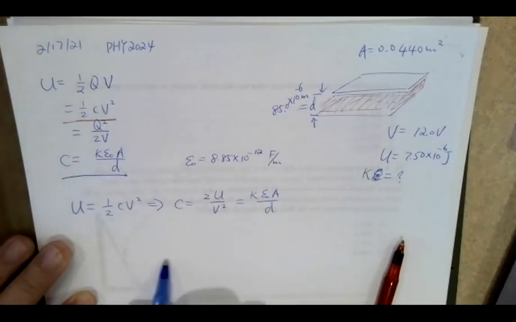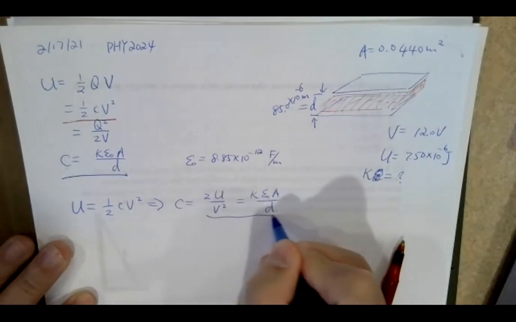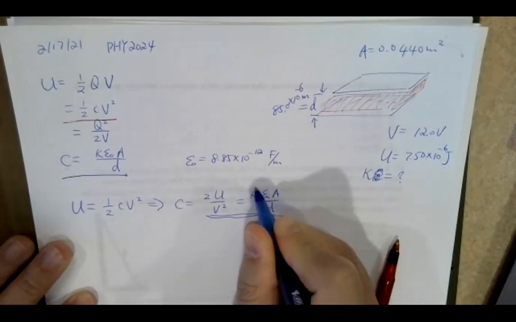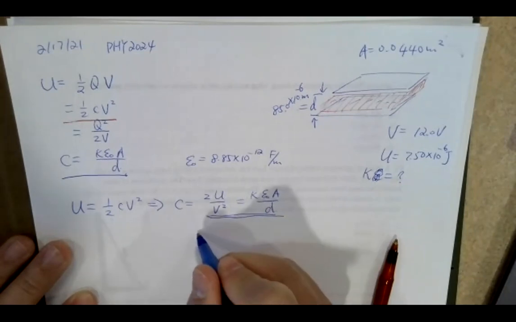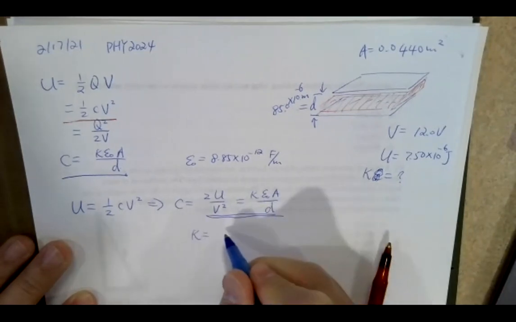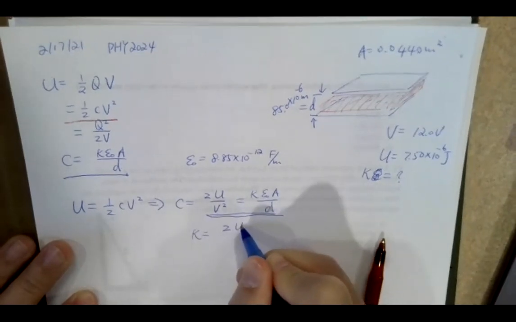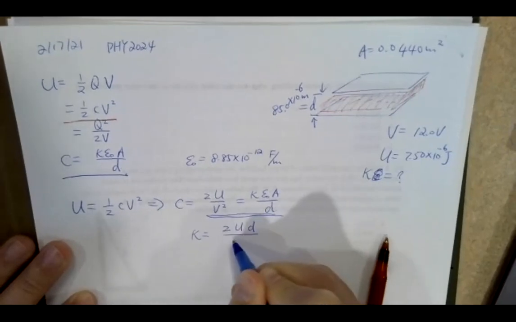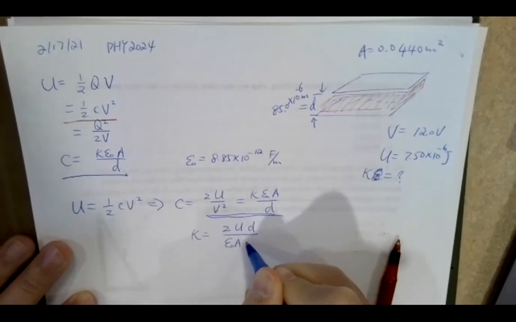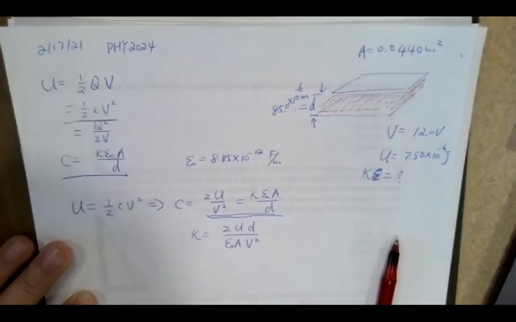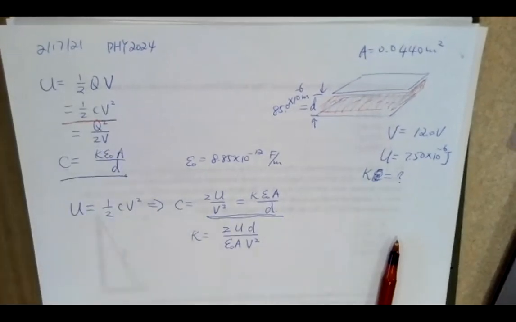Because that's also equal to C. Then from here you can isolate kappa. So kappa will be equal to 2 times U times D over epsilon naught times A times V squared. Okay, so this is algebra.